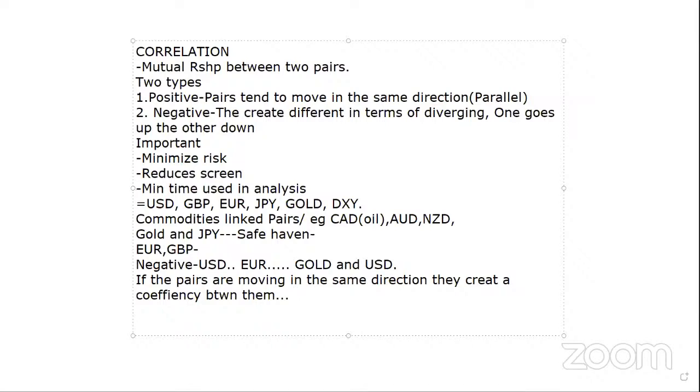Once they create this difference between them, you can take advantage of trading that difference. So whenever you see these pairs moving in the same direction when they are not supposed to, this is what we call manipulation.